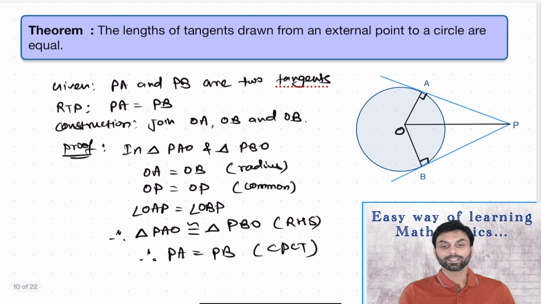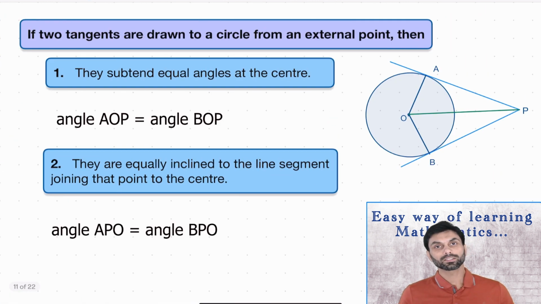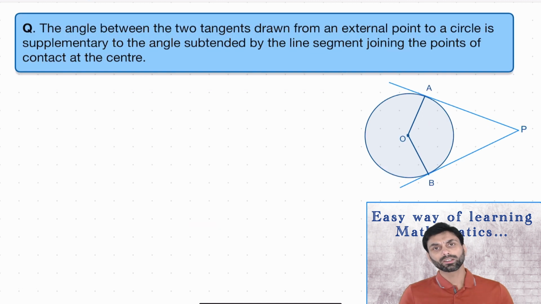Moving to the next point, where there are some more useful results which are associated with this theorem, and it can also be asked as a question, that says that if you draw two tangents to a circle, then the first case is they subtend equal angle at the center. Moving to another point which gives useful information about a type of quadrilateral which we get when we draw the two tangents, and also the opposite angles of that quadrilateral.